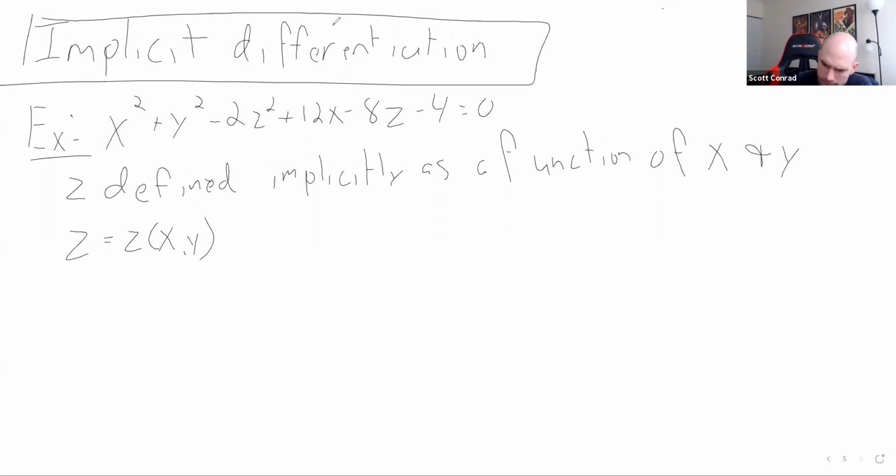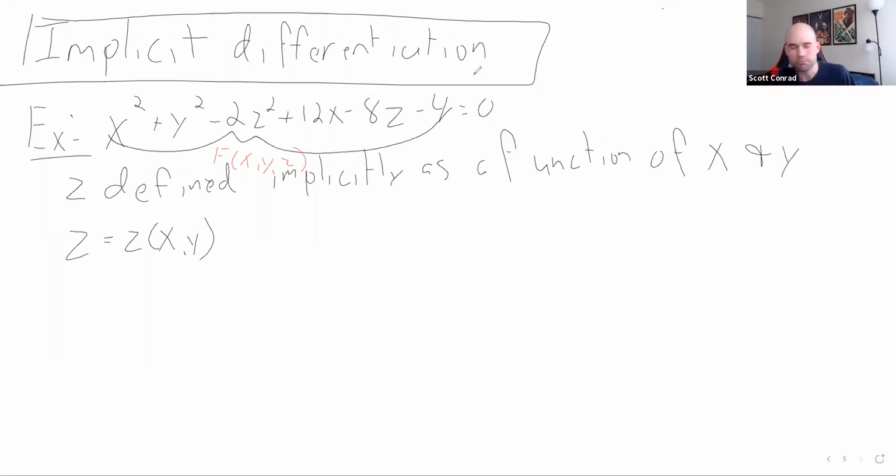So what we're going to do is get everything on one side, and we're going to write that whole thing as big F of x, y, and z. So put everything on one side.